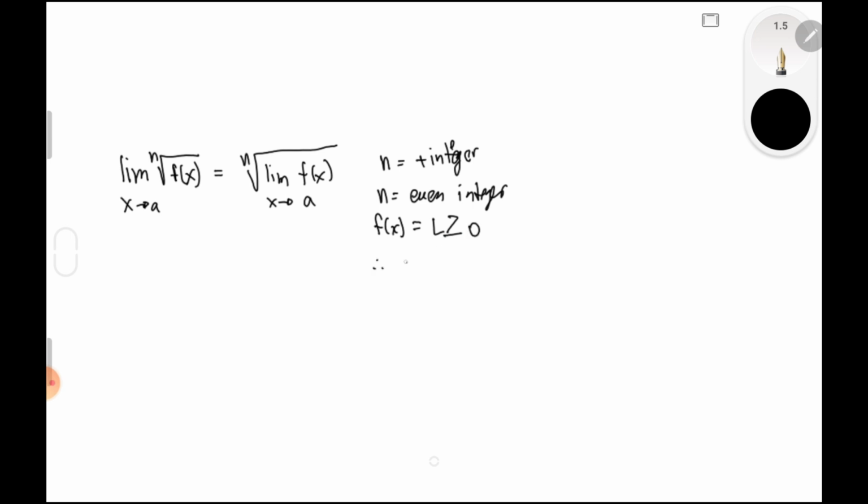Therefore, if L is less than 0 at an even integer n, we will produce an imaginary number.